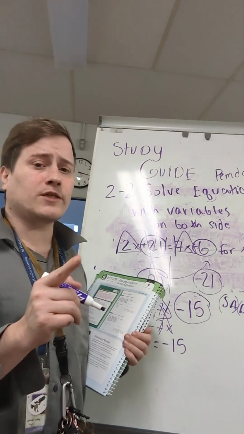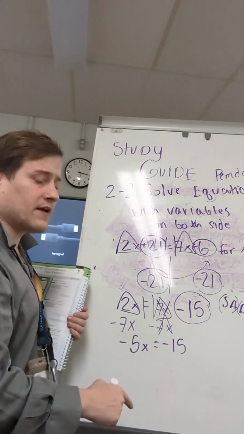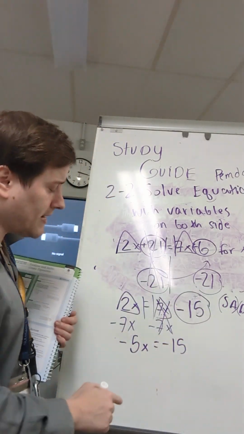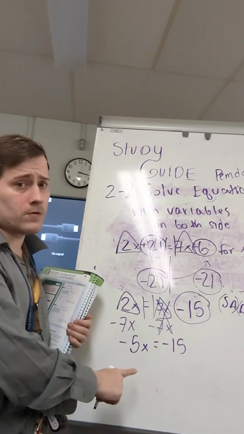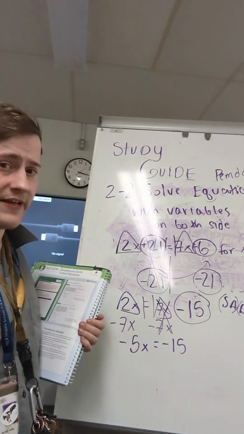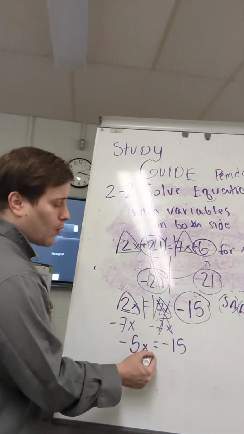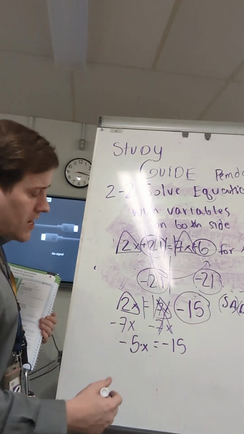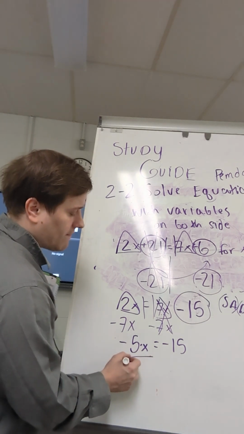Now the mistake I see students make is they'll say, oh, that's a minus 5. I can just add 5. But we don't want that, because what will happen is that will turn this into 0. And then we'd have no x, because 0 times x is 0. It gets rid of the x. So instead, what we want to do is do the opposite, the mirror world, of negative 5.